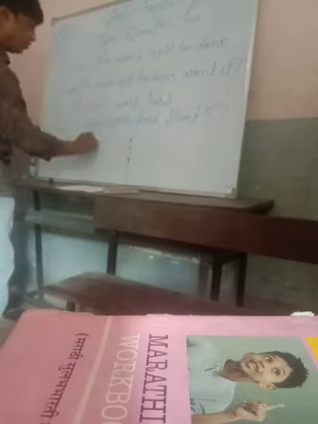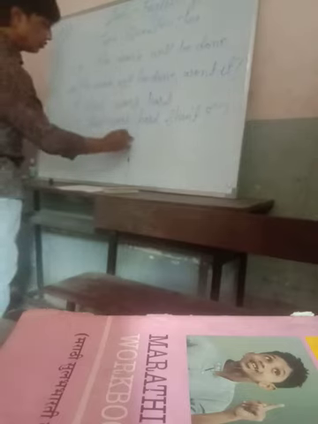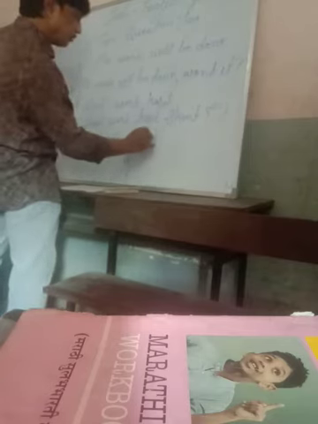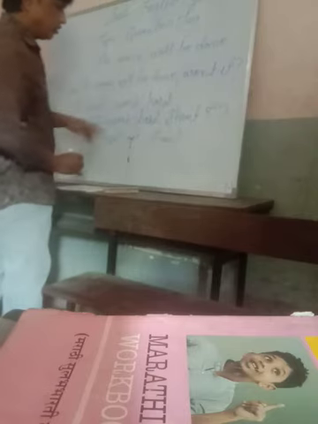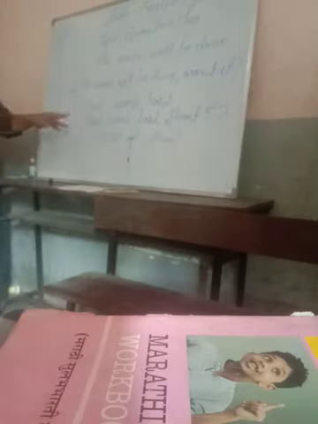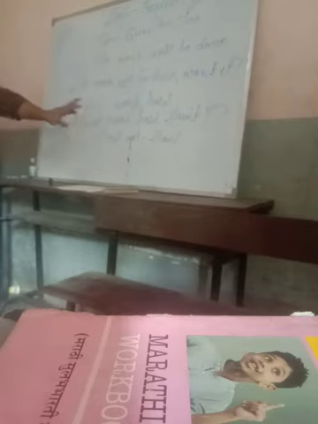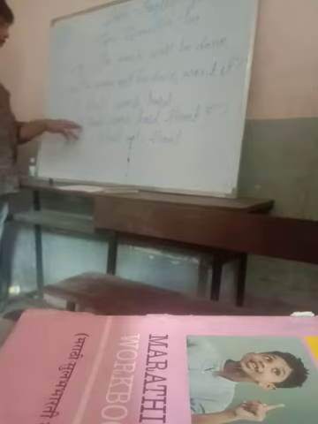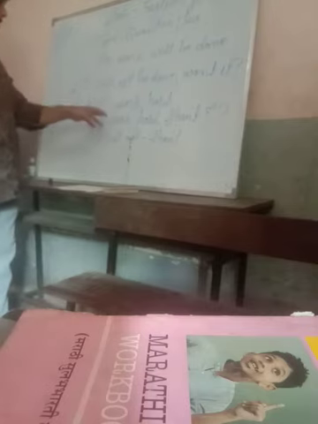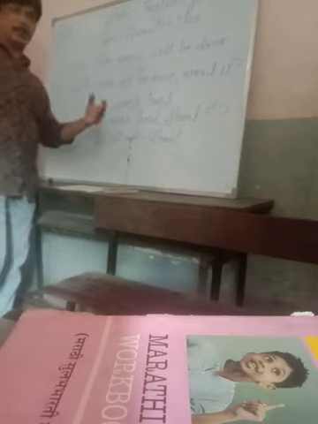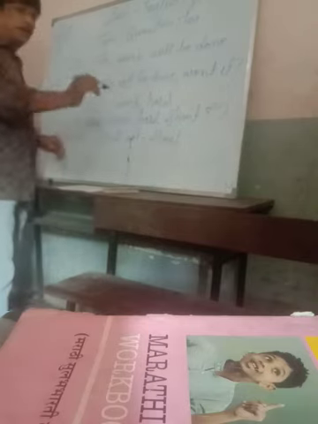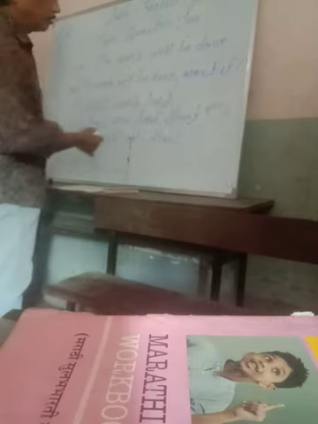So shall not, contracted form, is shan't. So that way you have to note these points. They are short forms, they are contracted forms. Okay. So if shall is there, it indicates future tense. And besides, the sentence is in affirmative form, so the question tag will be in the negative form. So it will come with the helping verb shall, not in a contracted form, shan't. Right?